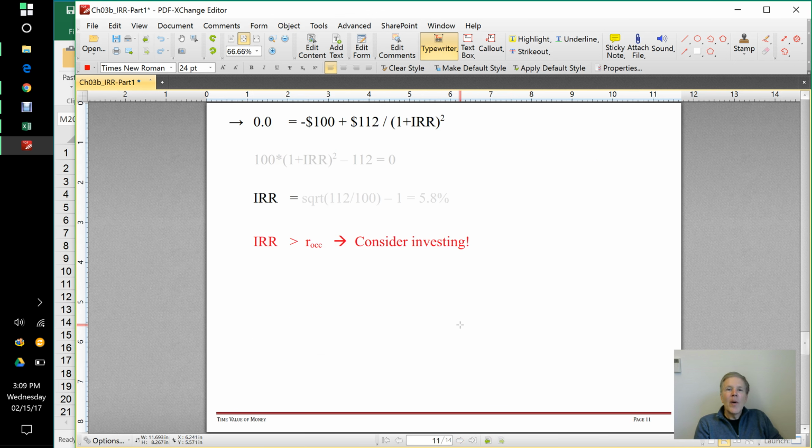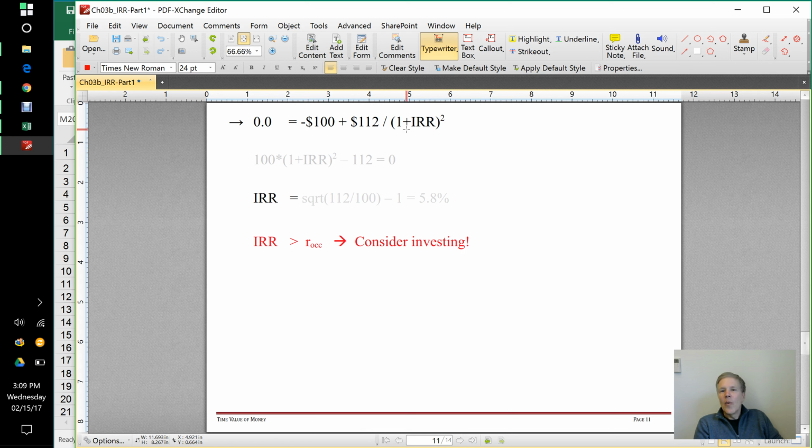So here we are with the internal rate of return equation with all the information for this problem built in. And how can we solve this? I hate to go back to the nightmare of high school algebra, but that's what I've got to do.